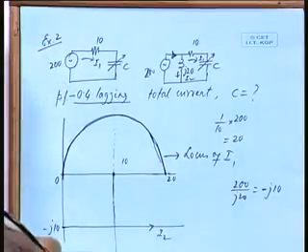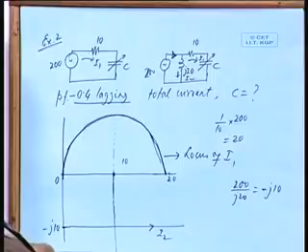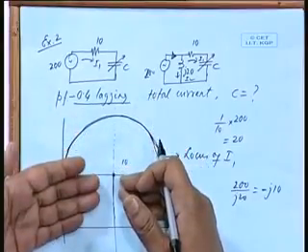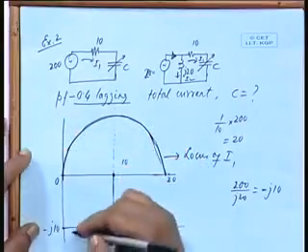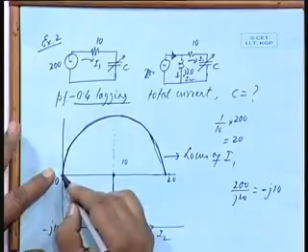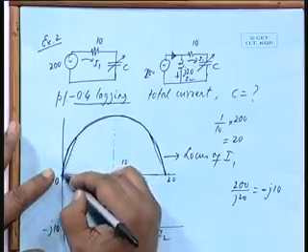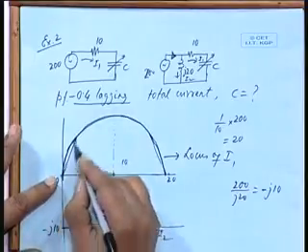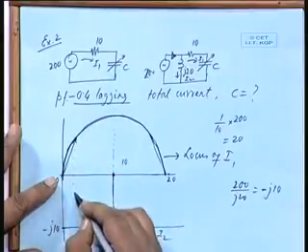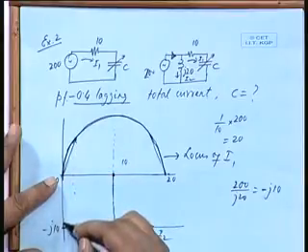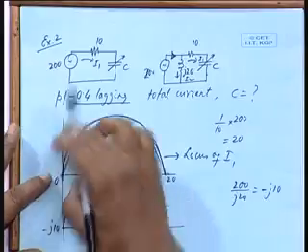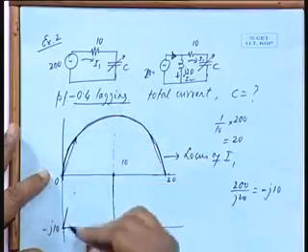So, what is I1 plus I2? I1 plus I2, shift this entire thing downward by 10. So, say minus 10, suppose this is I1, I1 minus 10 will be somewhere here. So, minus J10. So, the same semicircle you reproduce here.